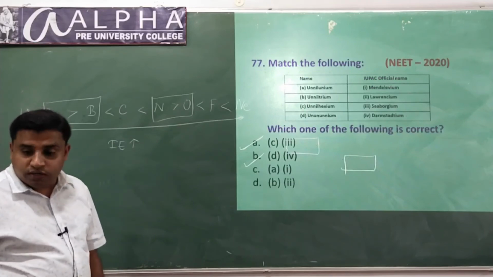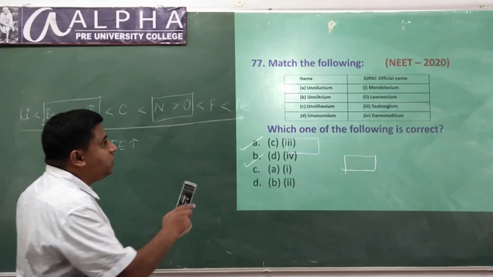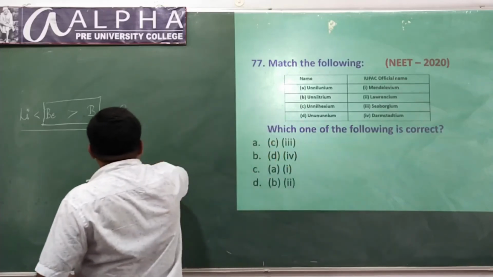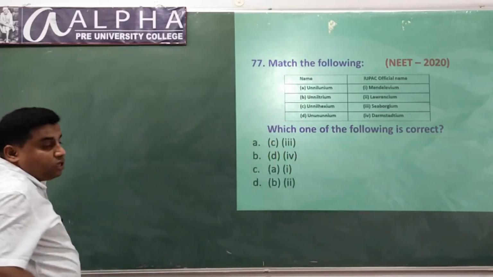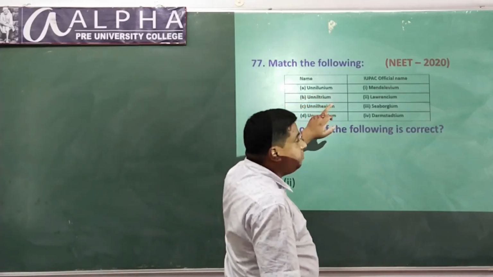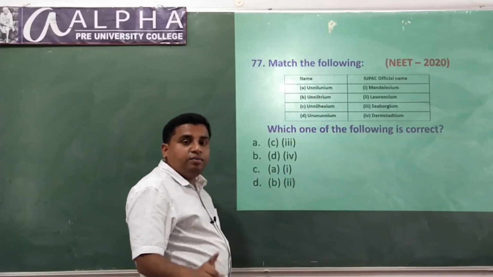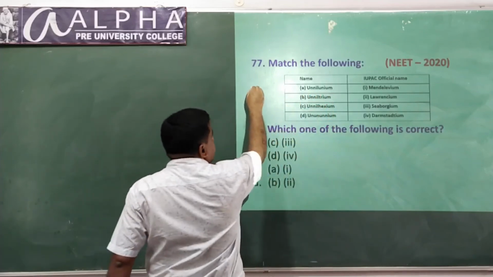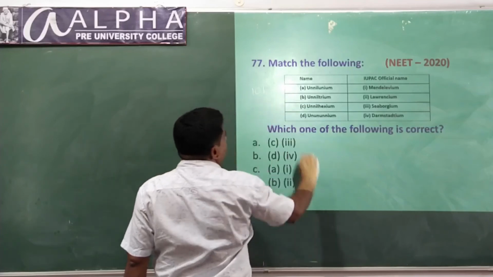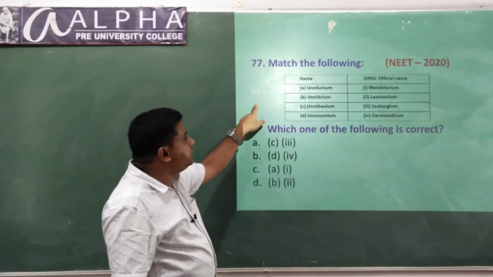So students, match the following. Look at here. You should know this. Un, nil, unium. Un means 1. Nil means 0. Un again means 1. The element is 101.